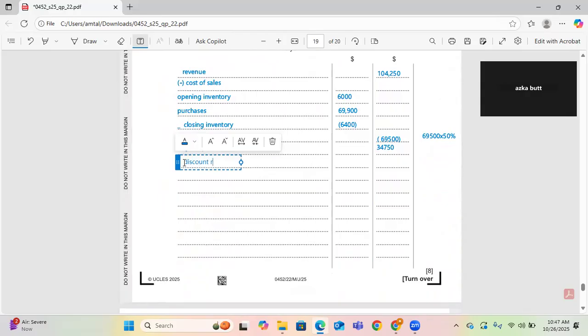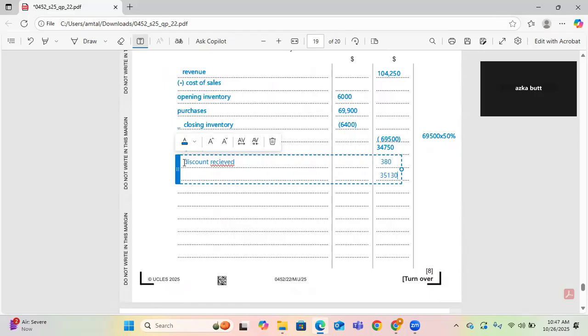Discount received, and that is 380. Now it is equal to 34,750 plus 380, so this is equal to 35,130. Okay, so done.